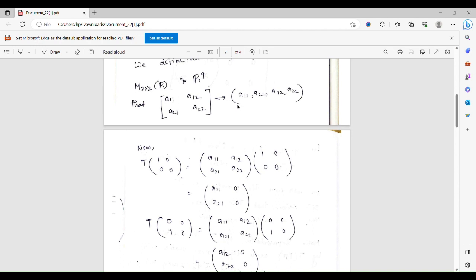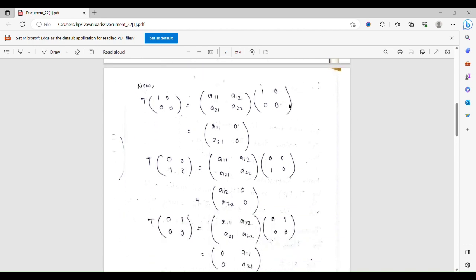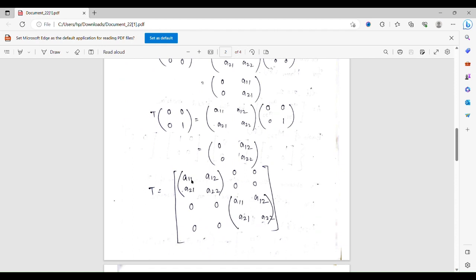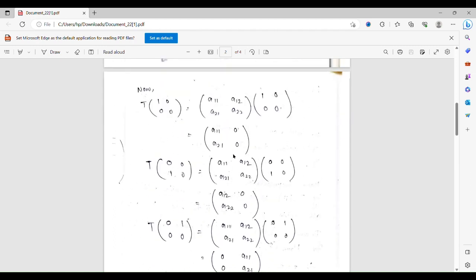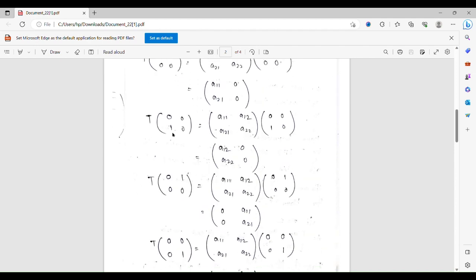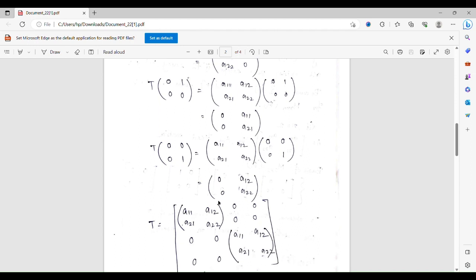Now this is isomorphic to R4, we already know it. So A11, A21, 0 0 is isomorphic to this vector, and T of 1 0 0 0 will be my first column in the matrix representation of T. Similarly, T of 0 0 1 0 is A12, A22, 0 0. Similarly, T of 0 1 0 0 gives 0 0 A11 A21.